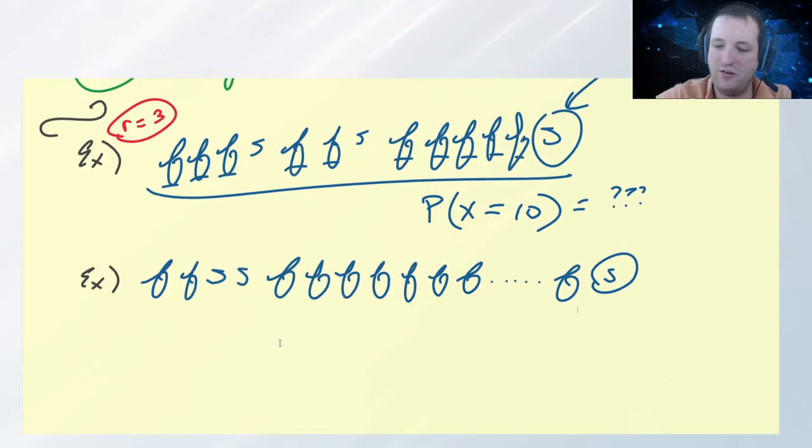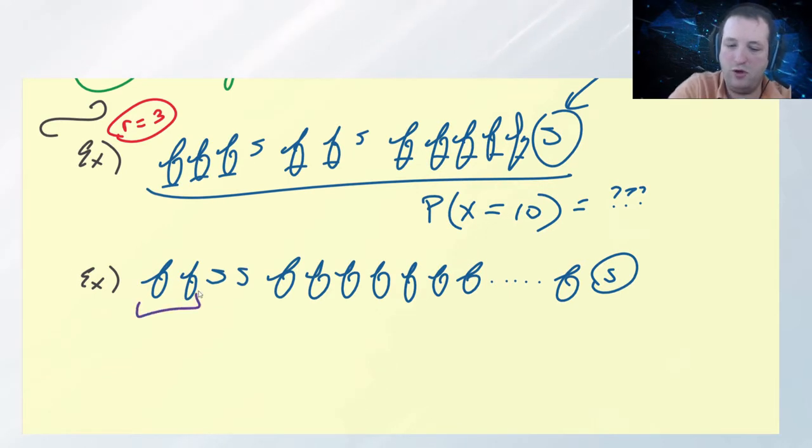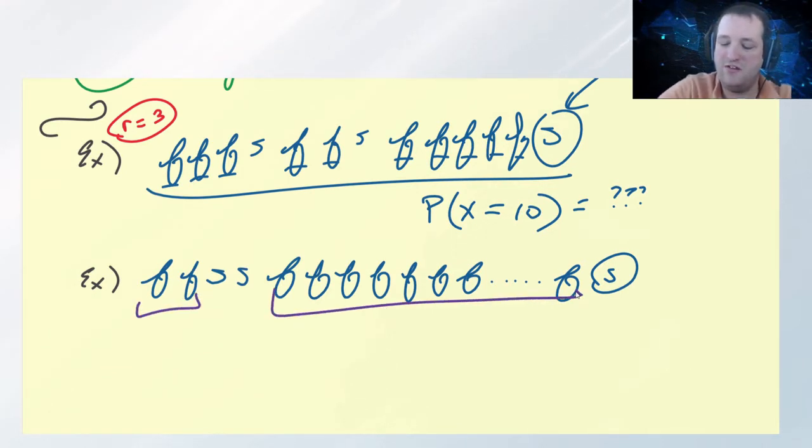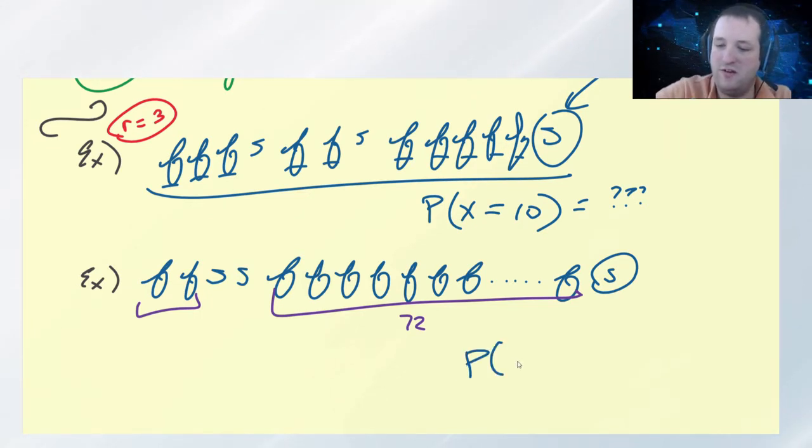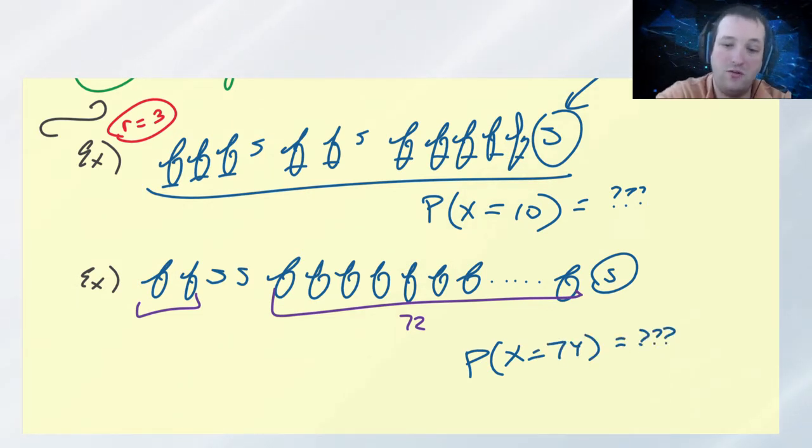So in this scenario, let us assume we have 2 failures there, and say 72 failures there. What we're interested in is the probability that X is equal to 74. What is that equal to, for still r equal to 3?